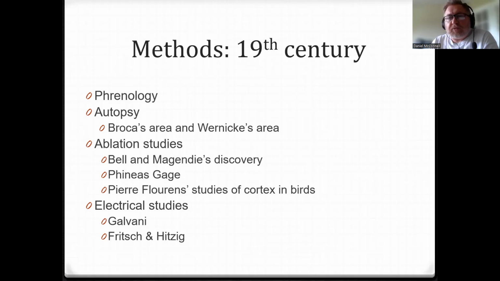The patient shortly thereafter passed away, and Broca did the autopsy to identify what might have been going on in his brain. And he found that there were syphilitic lesions in the left frontal lobe that had originated in a small gyrus near the motor cortex.